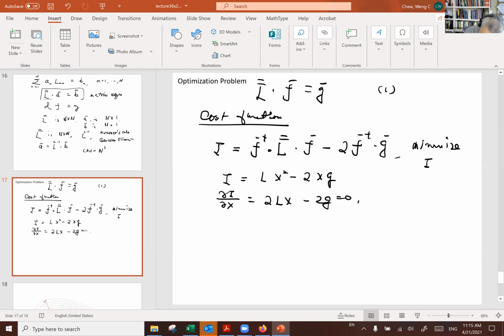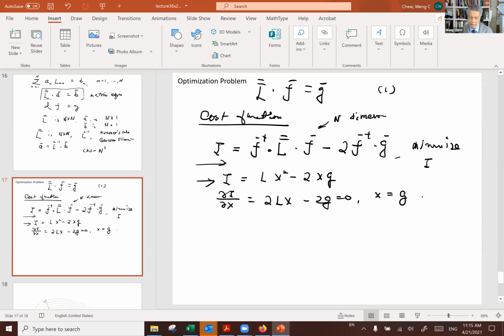If you set this to 0, then the solution is given by x is equal to g. Okay, we can obtain the minimum of this cost function very easily in one dimension, but this is not one dimension, this is n-dimensional.